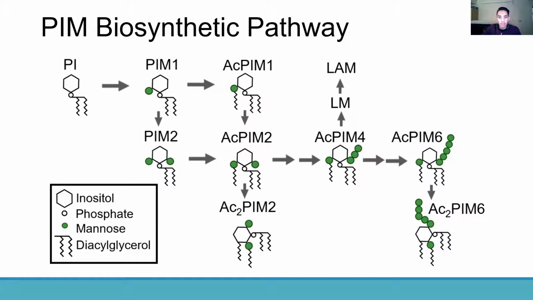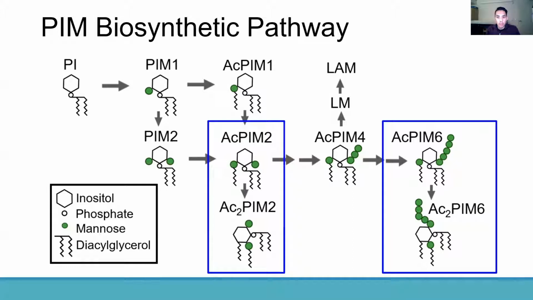In addition, acyl transferases can add an acyl group to form higher forms of PIM, such as ACPIM2 and ACPIM6. In addition, ACPIM4 can be further monosylated to become lipomannan, or LM, and lipoarabinomannan, which is LAM. These are other important glycolipids in mycobacteria, but we won't be focusing on them today.